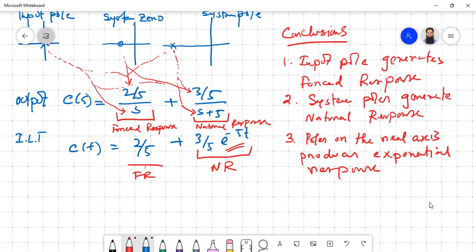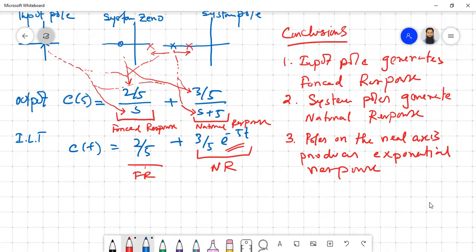But what about the location of the pole? If the location of the pole is in this direction, moving farther away from the imaginary axis, what will be the rate of change in the response? The smaller the value of the pole, the slower the exponential decay. The higher the value of the pole, the faster the exponential decay.